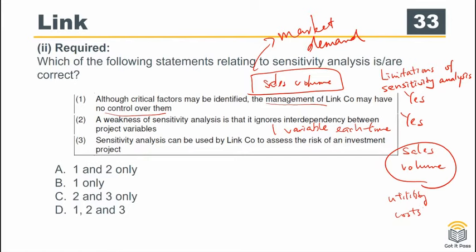Okay, for sales volume and utility cost, if the production is increased, more electricity will be incurred. But sometimes there's some bulk purchase discount.